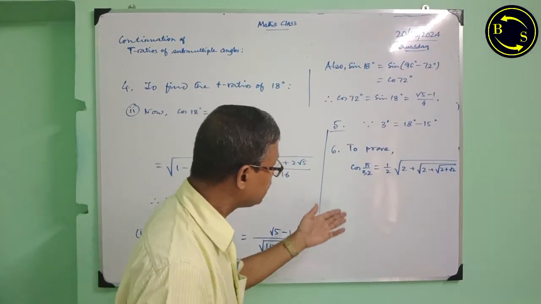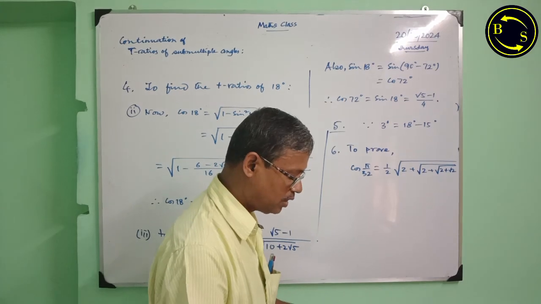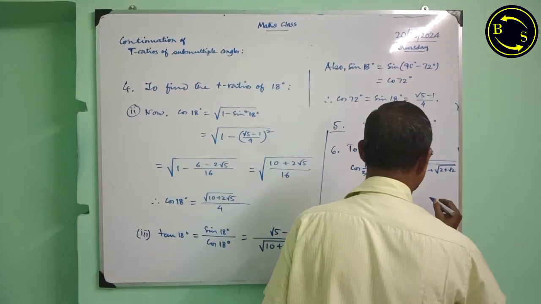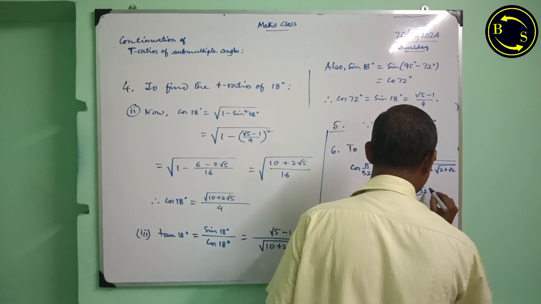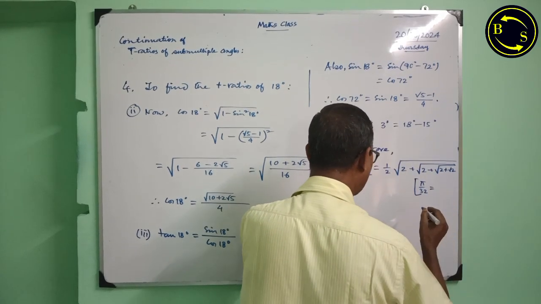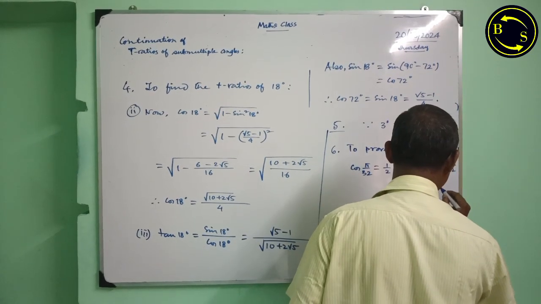How to proceed? Let us first see pi by 32, that is related to pi by 4.